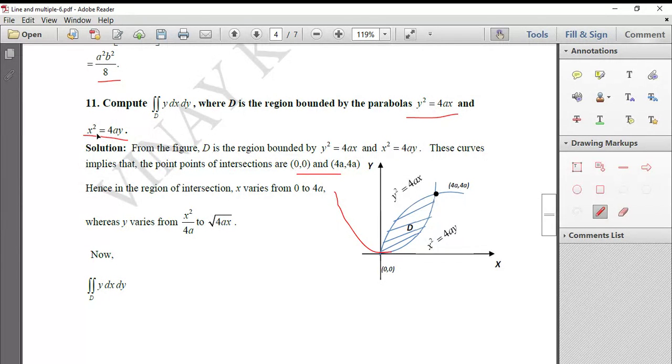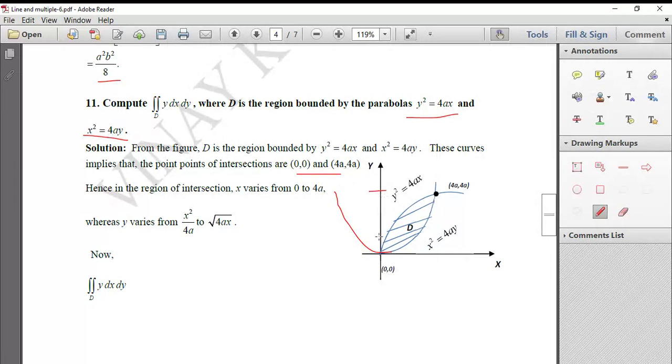Then similarly, x square equal to 4ay. Let us draw this graph. When y is 0, what is your x? 0. So this is the point. When y is 4a, you'll get x square equal to 16a square. Therefore, x equal to plus or minus 4a.